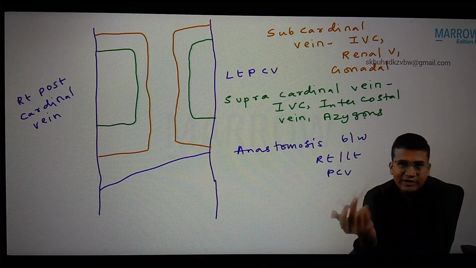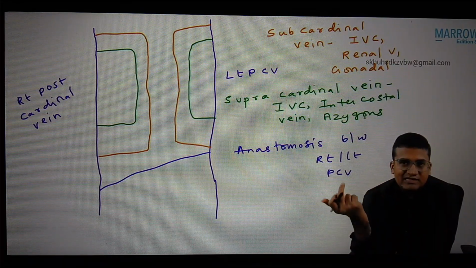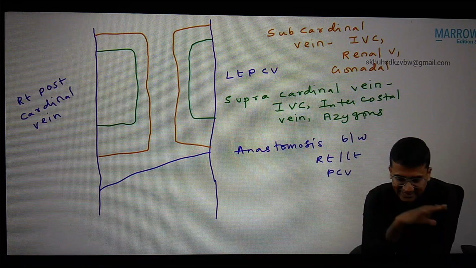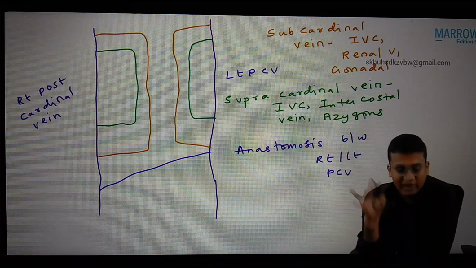So azygos system of veins means the azygos vein, left hemiazygos vein, left accessory hemiazygos vein. Okay, so the entire thing called azygos system of veins, that is coming from supracardinal vein.